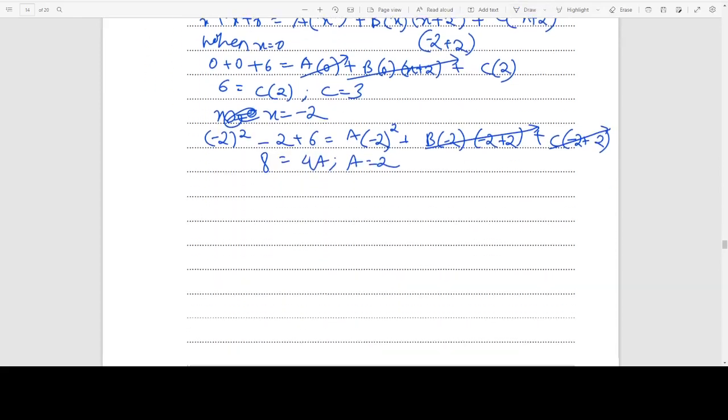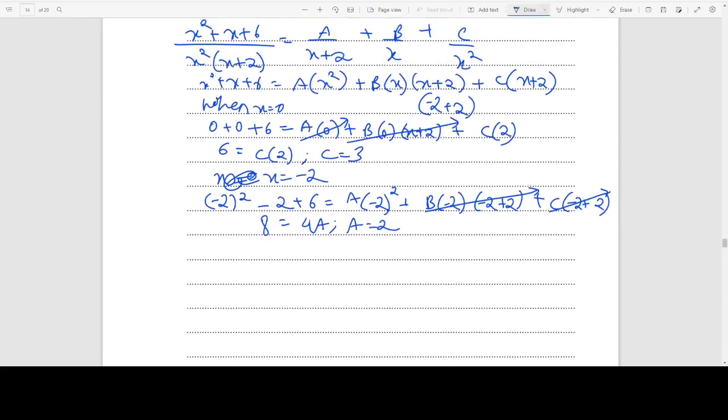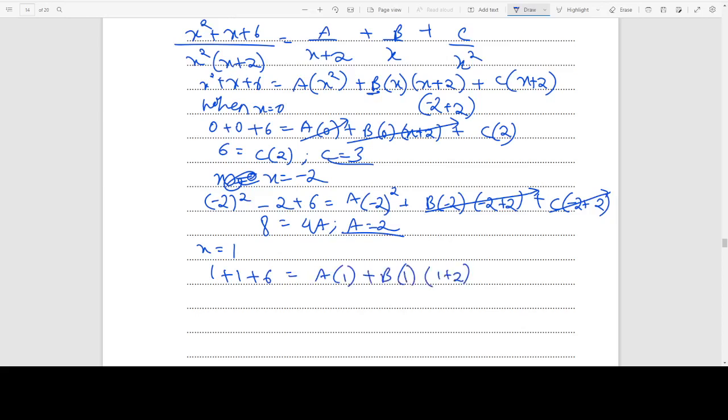Now we can just take any other random value because we just have to find one variable, which is b. We have found a and c, so let's take x is equal to 1. So 1 plus 1 plus 6 is equal to a into 1 plus b into 1 into 1 plus 2 plus c into 1 plus 2.